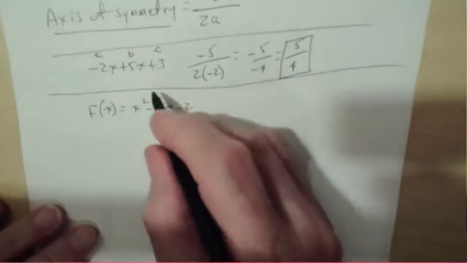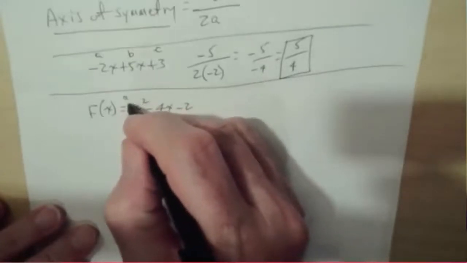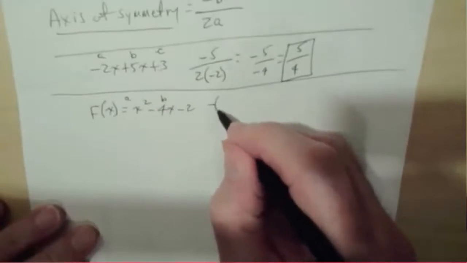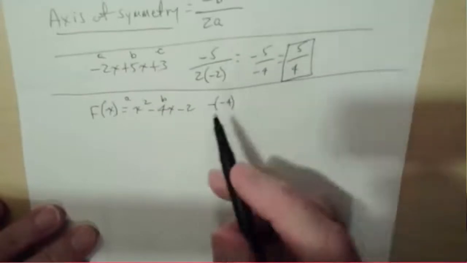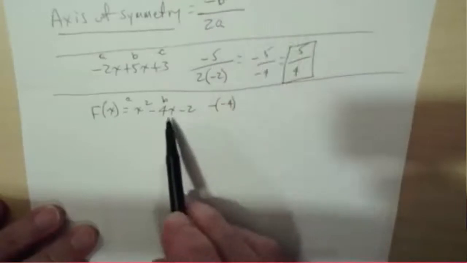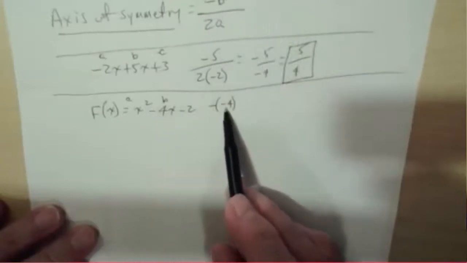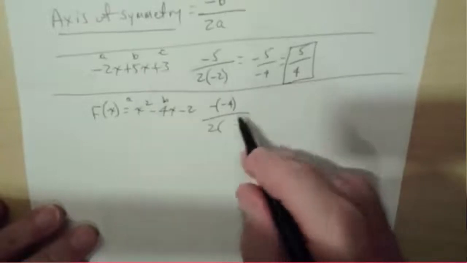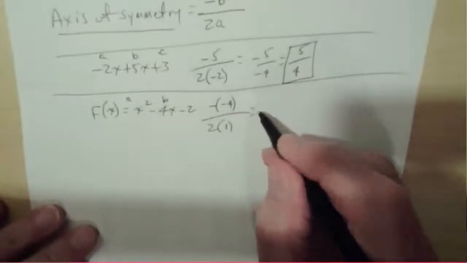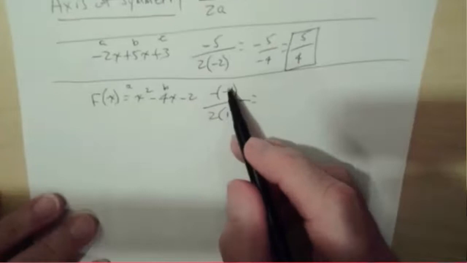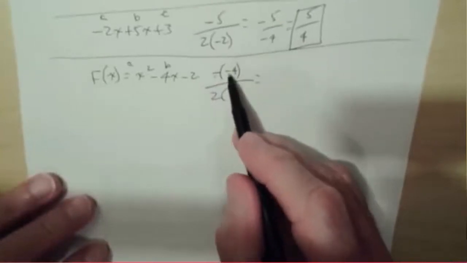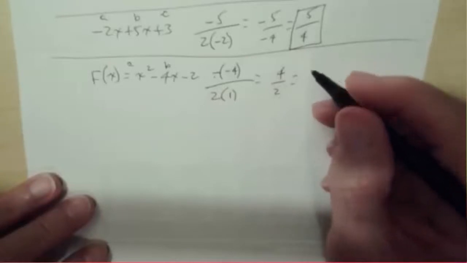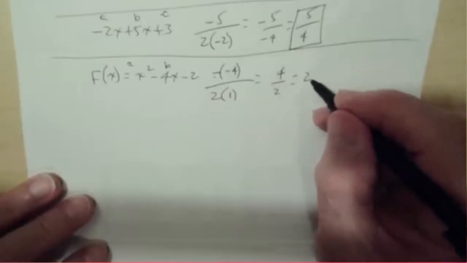Again, our formula is negative b. This one's a in front of here, which is 1. This is b, so it's going to be negative 4. Right? The formula says negative b. B is negative 4, so it's negative 4 over 2 times, and our a is 1. Minus a minus is a plus, or you can think of this as the opposite of negative 4, which is 4 over 2, which is 2.